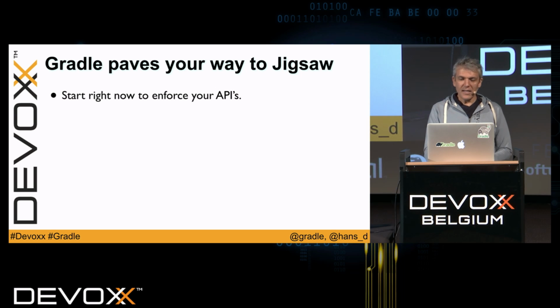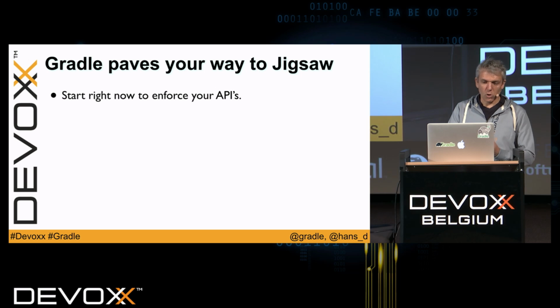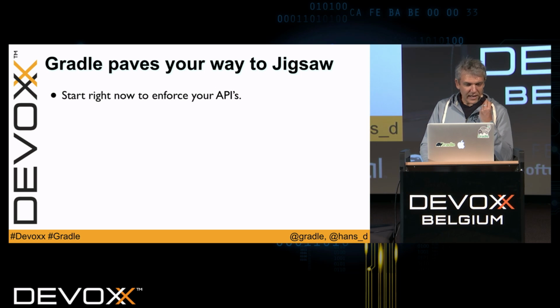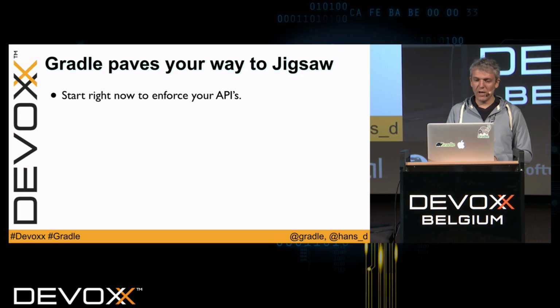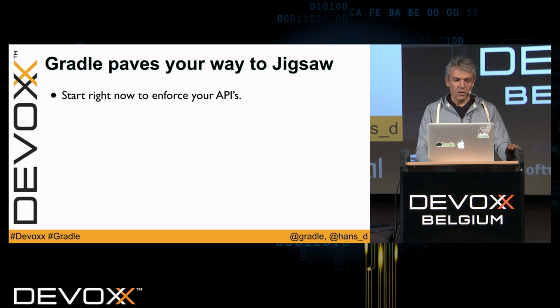And the other thing, and that is a key thing: modeling your API and your implementation, that is what Jigsaw is about. So you can start doing this now with Gradle, get all the benefits, and when you're ready for Java 9 and Jigsaw, then you're definitely ready to use the Jigsaw features because you have already defined that in Gradle.